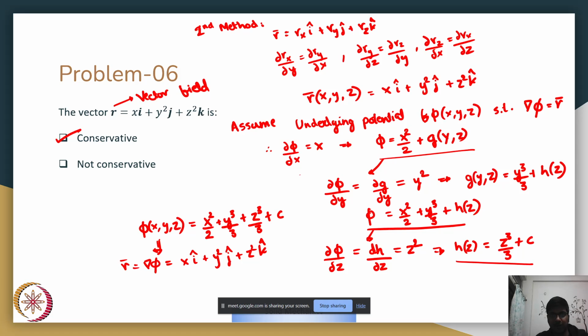So if we just quickly check, we can see that the first equation is basically 0 equal to 0. The second equation is again 0 equal to 0, and so is the third one. So using both the methods, we can confirm that indeed the vector field R is a conservative vector field.